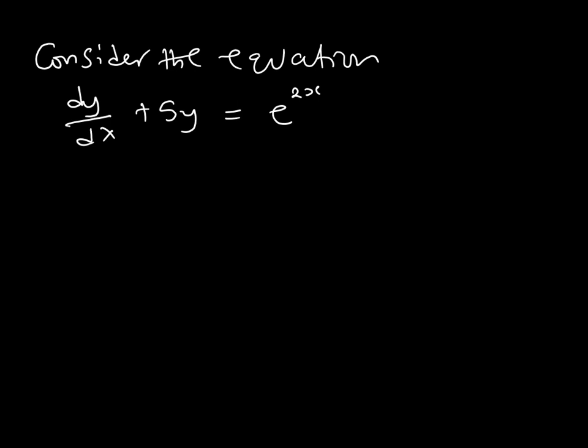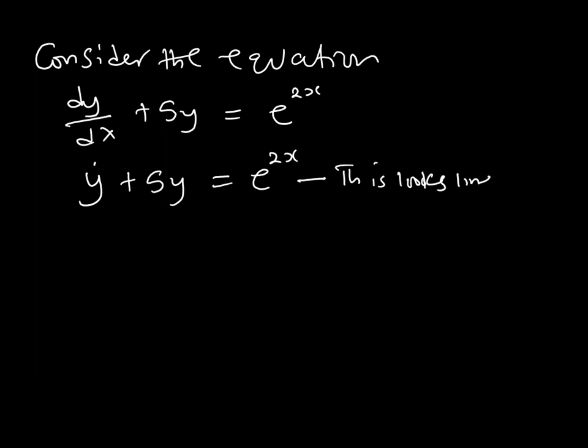The reason why this is called a linear equation, you know, when you go ahead and study mathematics, we can write this as y dot plus 5y equals e to the power 2x, okay? And it looks like a linear polynomial.